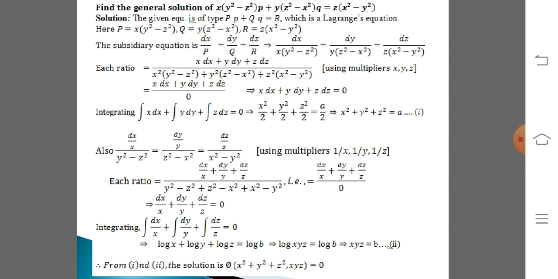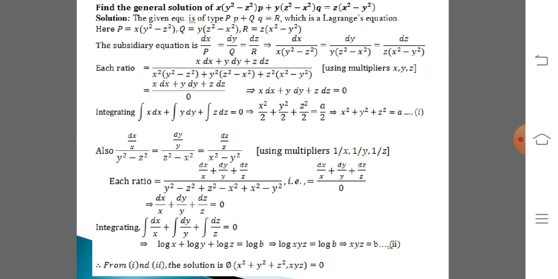Similarly, you choose another set of multipliers, namely 1/x, 1/y, 1/z. Then each ratio in the auxiliary equation is equal to (dx/x + dy/y + dz/z)/((y² − z²) + (z² − x²) + (x² − y²)). It is actually equal to 0. This implies the numerator dx/x + dy/y + dz/z = 0.